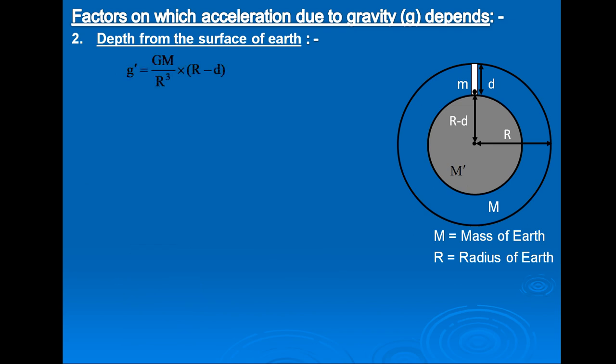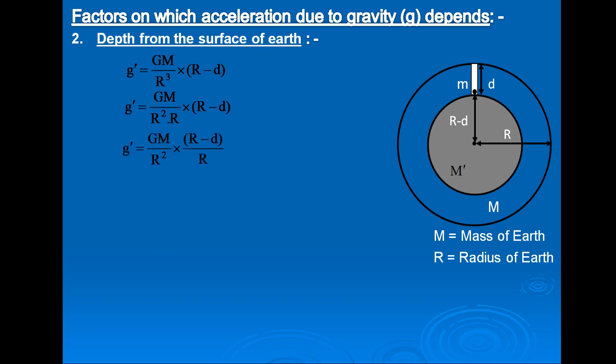That is, g dash is equal to G M upon R cube into (R minus d), or by rearranging, g dash is equal to G M upon R square into R multiplied by (R minus d).